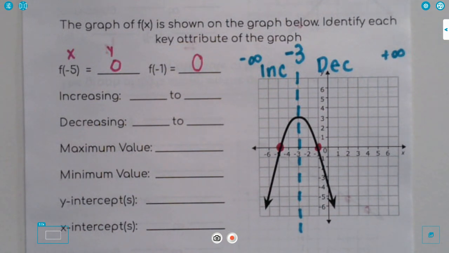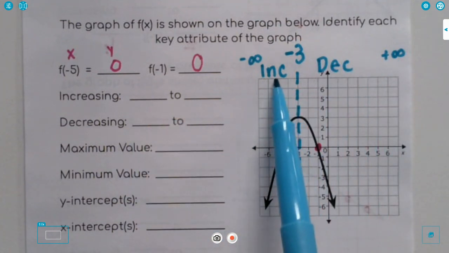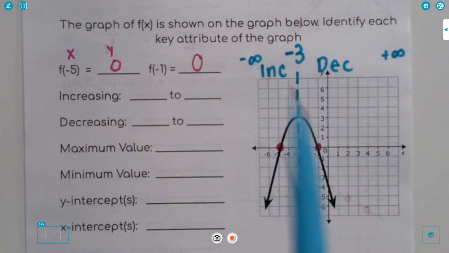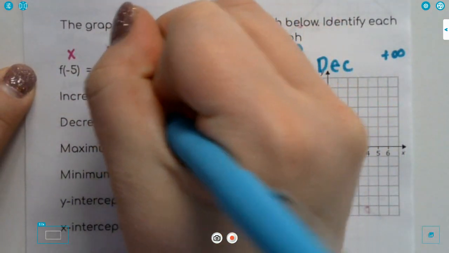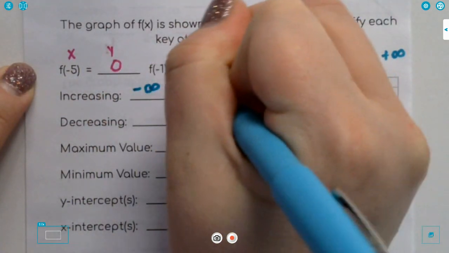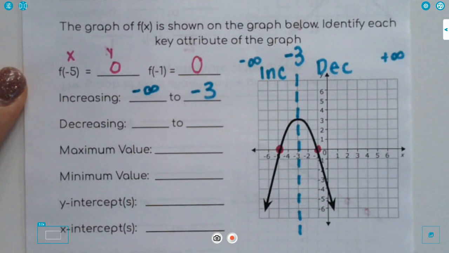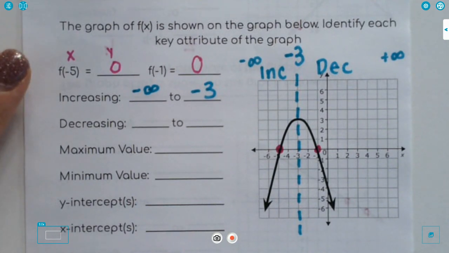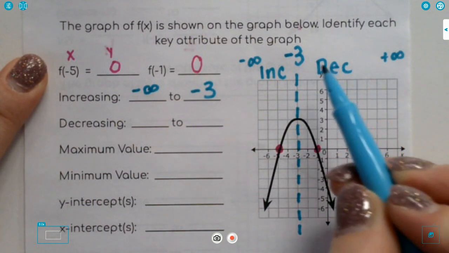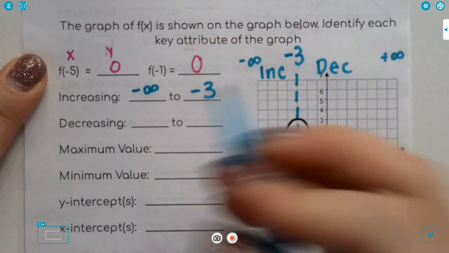All right, so once we have this done, we have our answers. We are increasing from negative infinity to -3. And then we are decreasing from -3 to positive infinity.